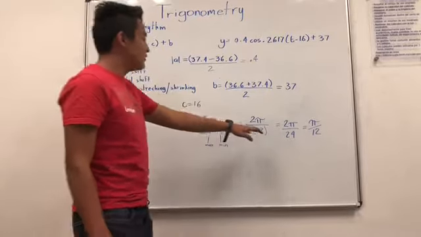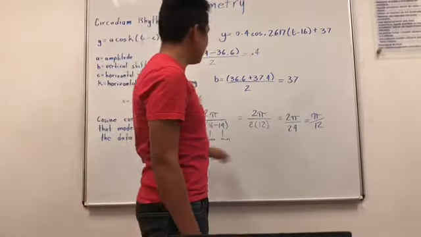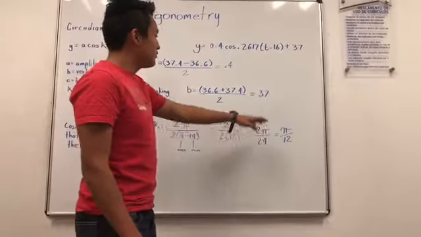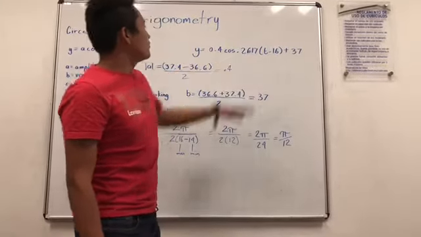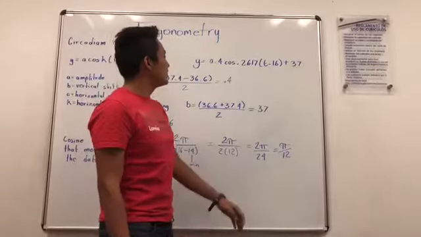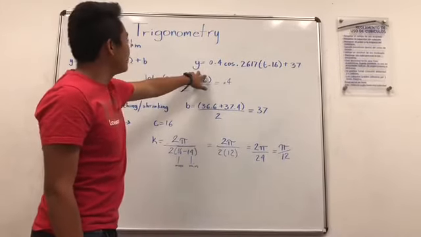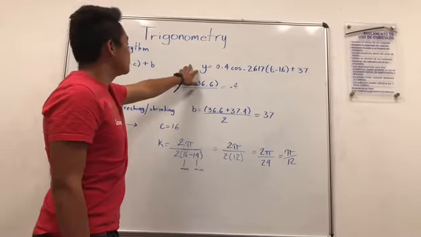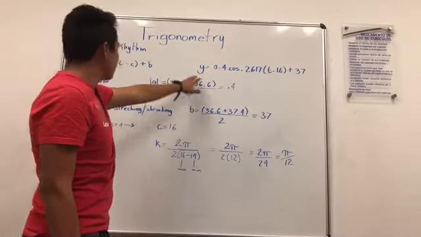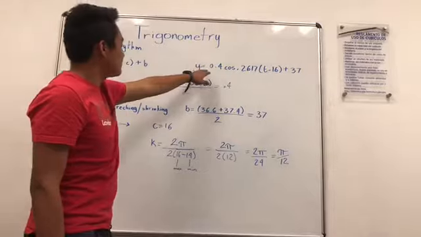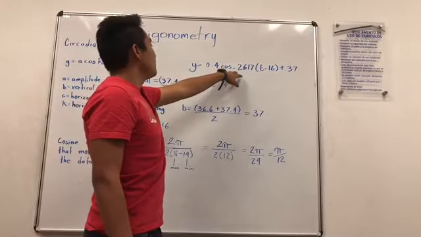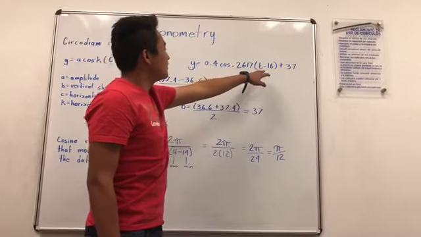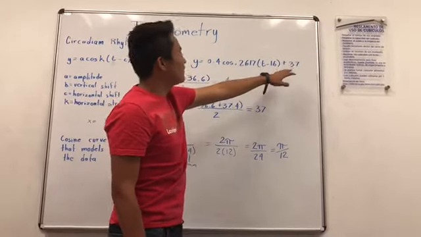So simplifying, we find that K is equal to pi over 12, that solved is like 0.2617. And then we find that with all these data, the function that models the data is 0.4 cosine of 0.2617 (t minus 16) plus 37.